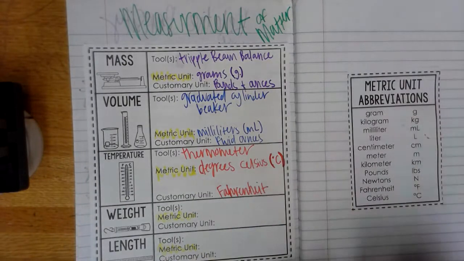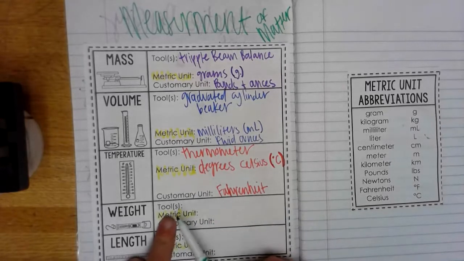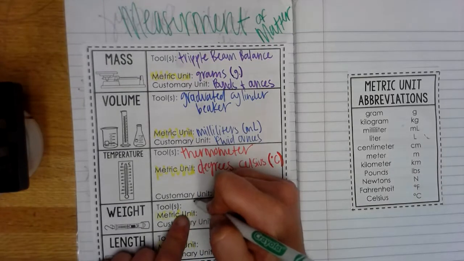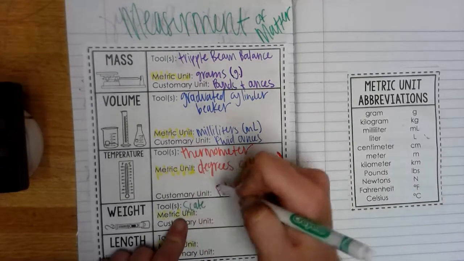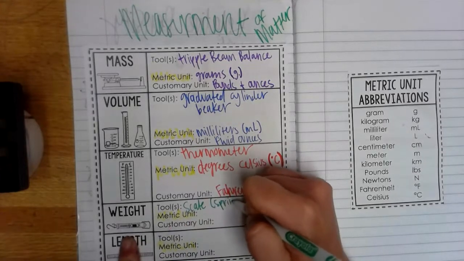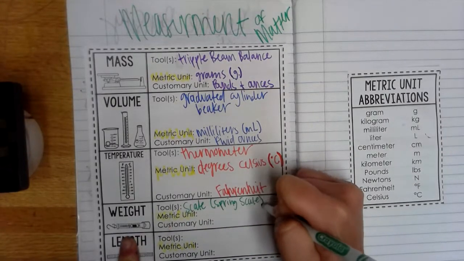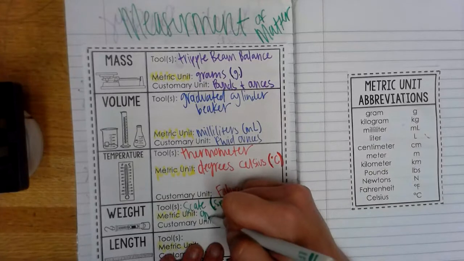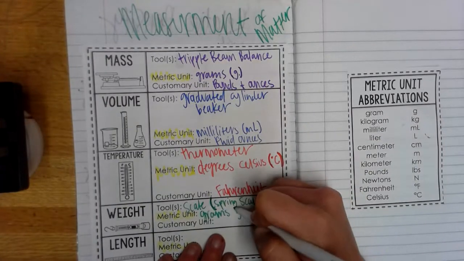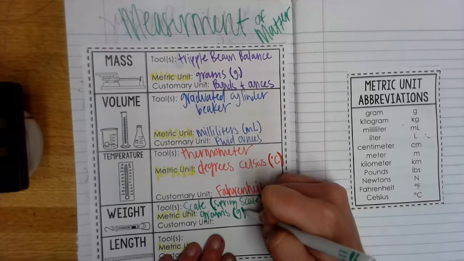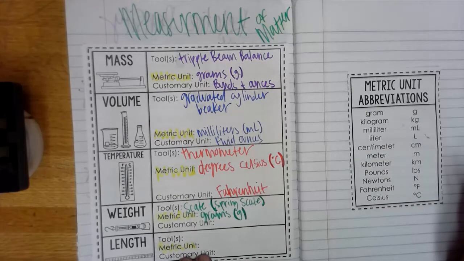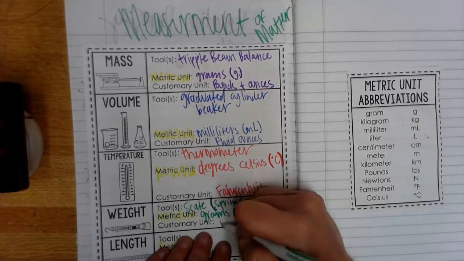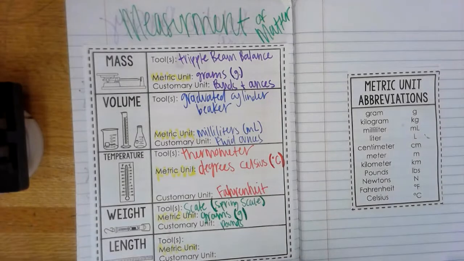Next, we have weight. Weight, the tool that we will use in science is going to be called a spring scale, but you can just write a scale. But this right here is called a spring scale. And the unit is going to be grams. Customary units would be pounds or ounces for this one.